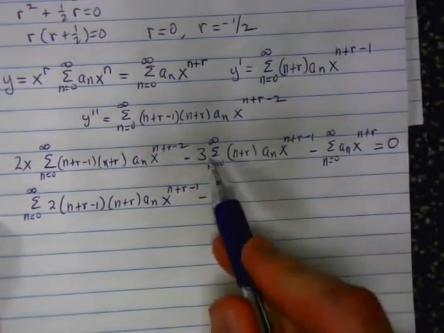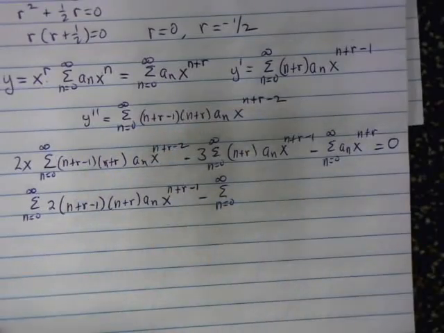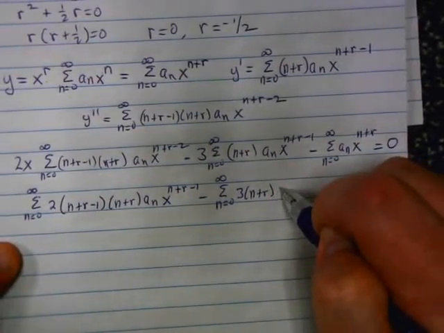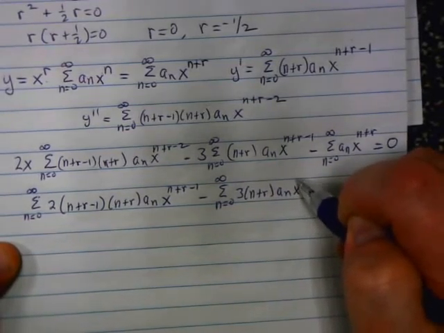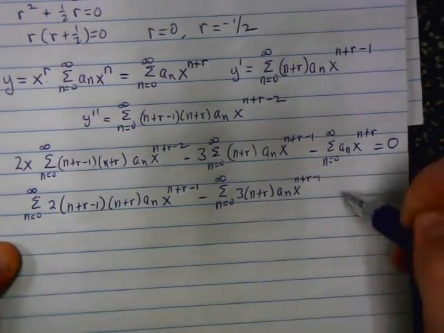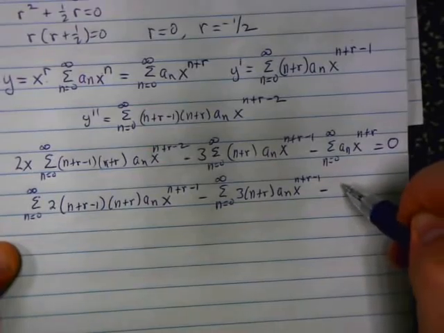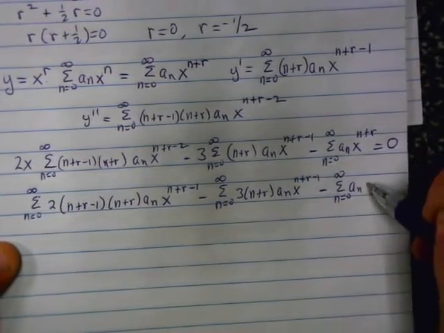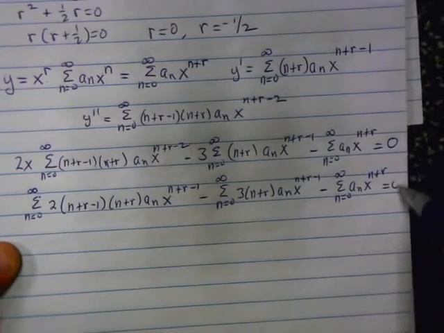I'm going to slide that 3 inside too, but that doesn't change any of my exponents. 3 times n plus r, a sub n, x to the n plus r minus 1, and finally minus the sum from n equals 0 to infinity, a sub n, x to the n plus r equals 0.